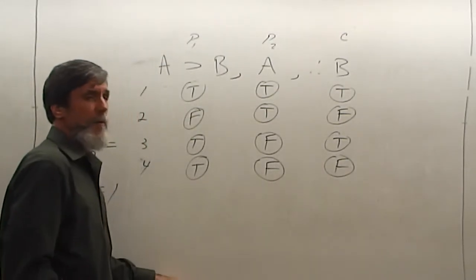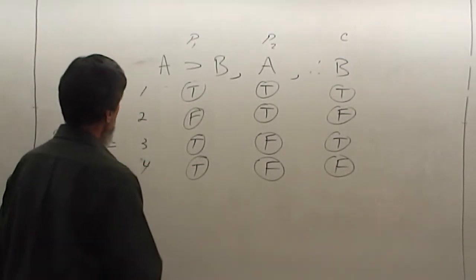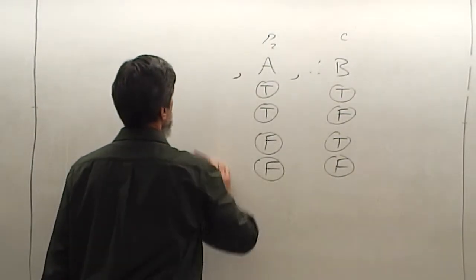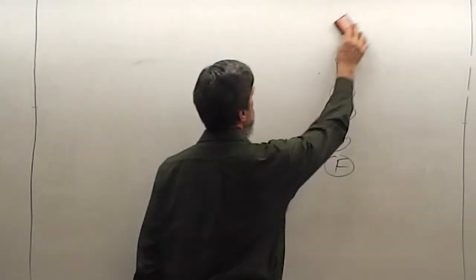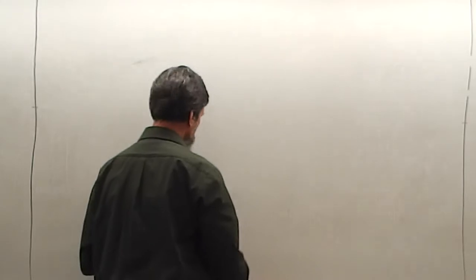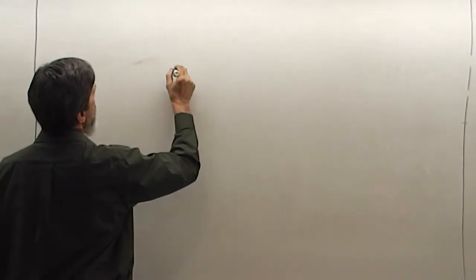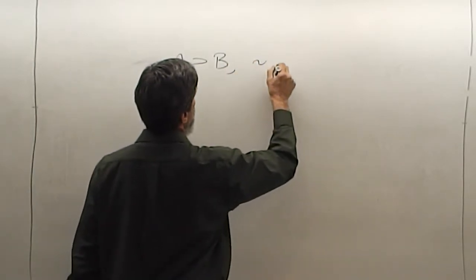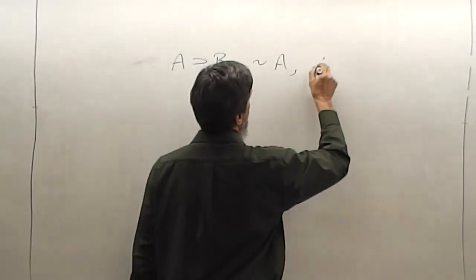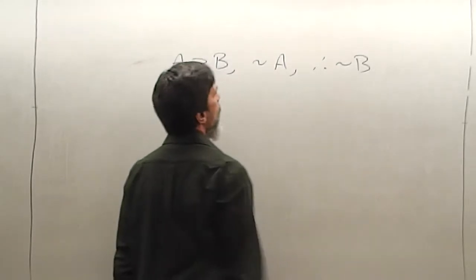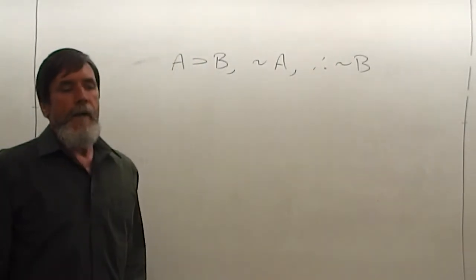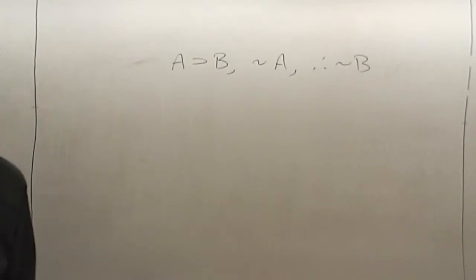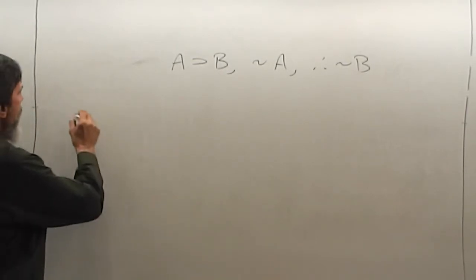Let's look at a truth table of an invalid argument form. Okay, we have to complete our initial guide columns according to our formula.